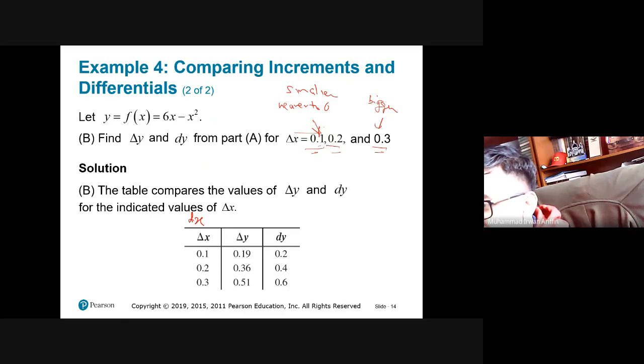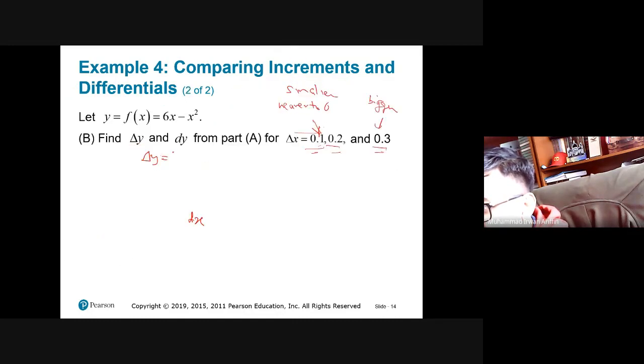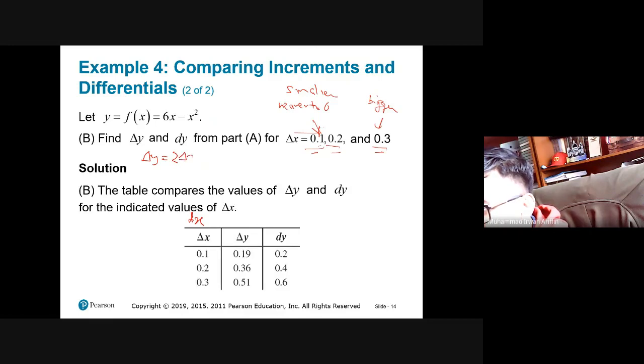Previously, from the previous slides, delta y equals 2 delta x minus delta x squared from this equation, right? So you simply substitute all these delta x with the corresponding values, and you should get delta y. While dy is simply 2 delta x.